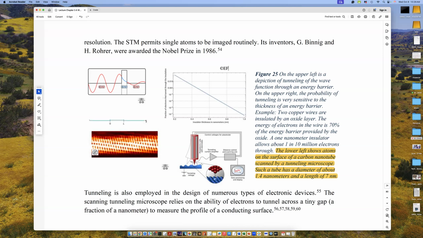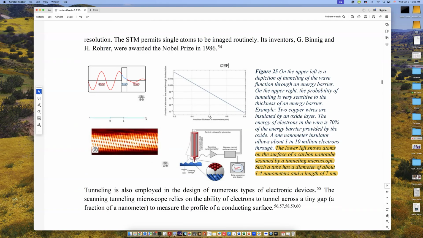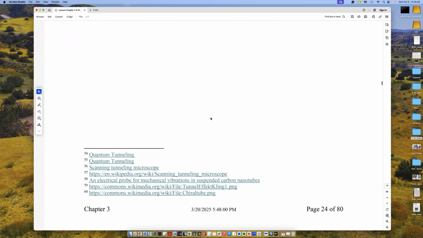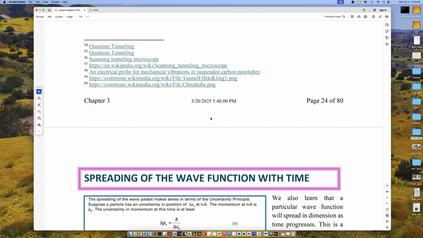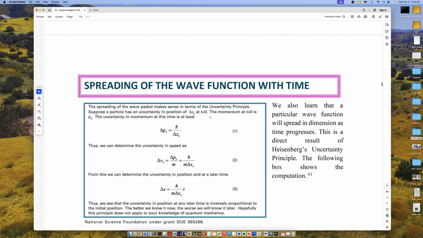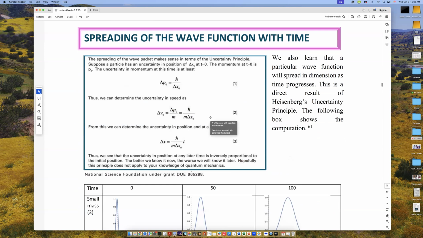By scanning that over one of these microscopic tubes, these tubes look like those tubes we used to have as a game where you put your fingers in and you can't get both fingers out. It's a woven thing. That's this carbon nanotube, and those are individual atoms that you can detect using this technology, which exploits tunneling.